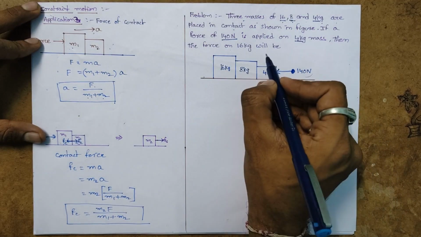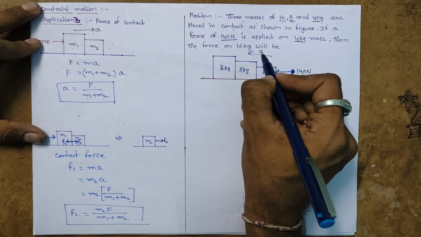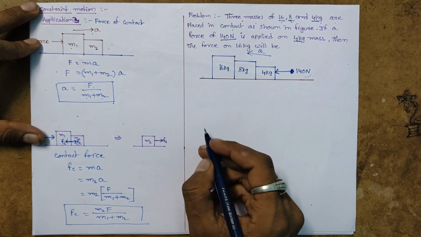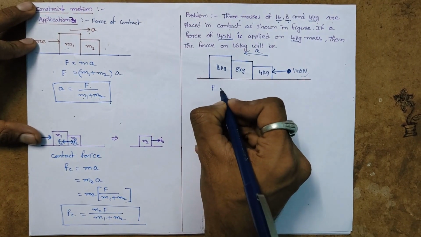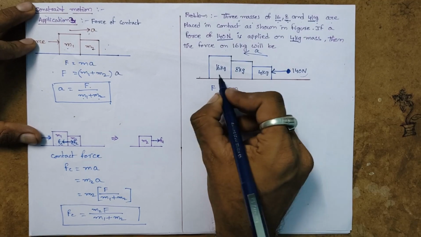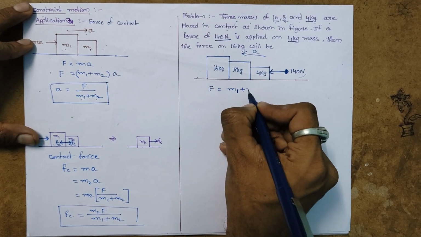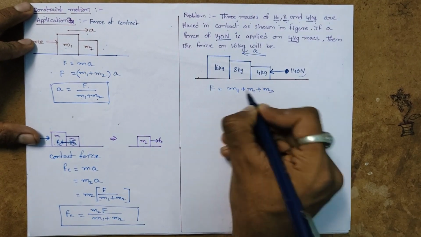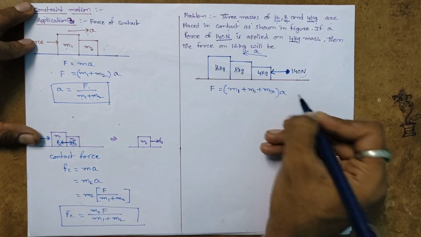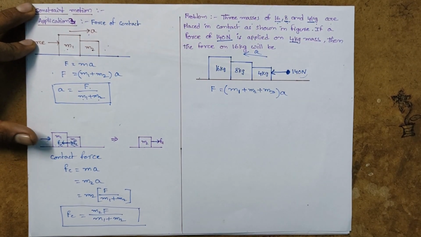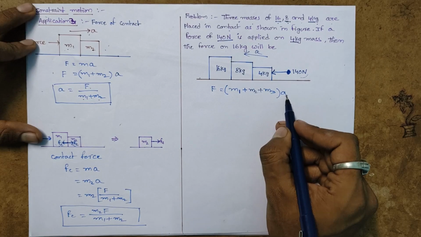Now look here, a 140 Newton force is applied on the 4 kg mass. Due to this external force, all three blocks move with some acceleration, isn't it? So net force is equal to, how many blocks? 3 blocks. So (m1 + m2 + m3) into a. Easily we can calculate acceleration, right?